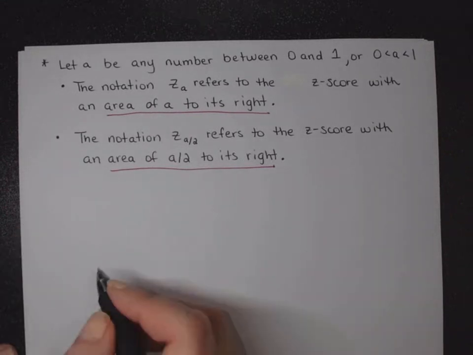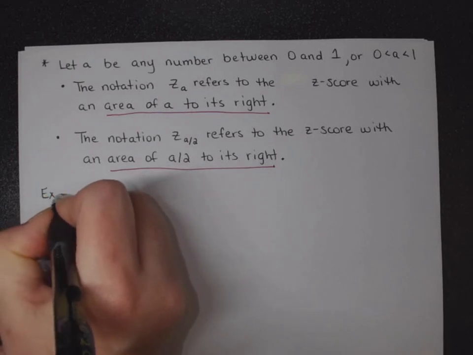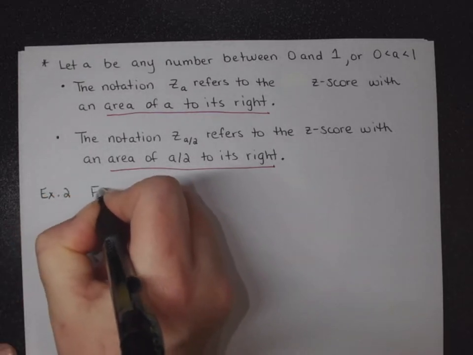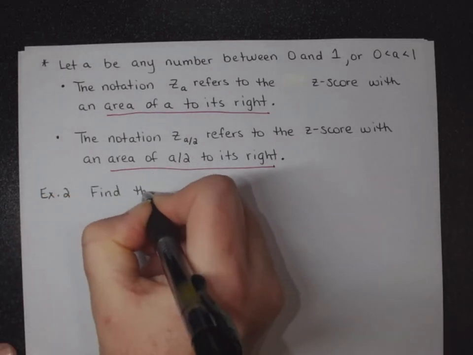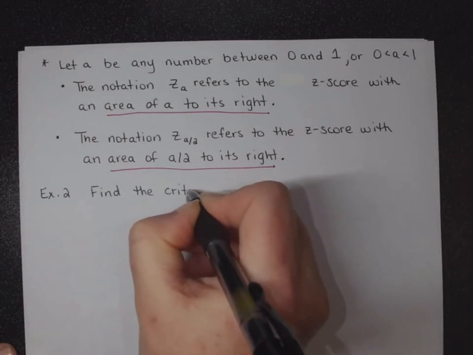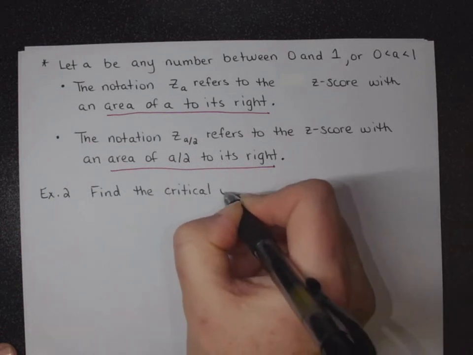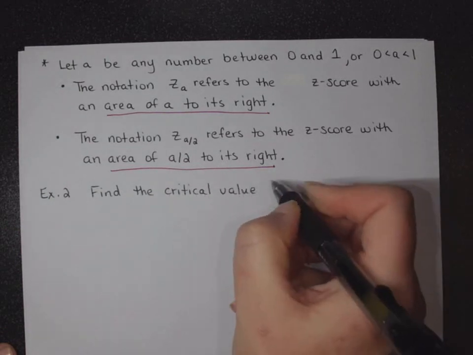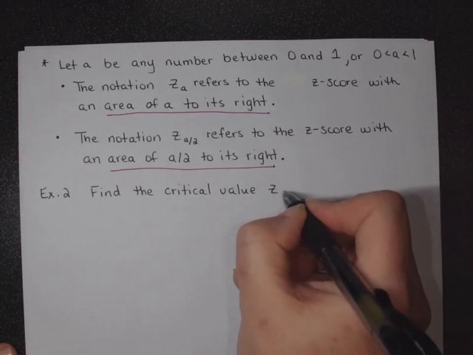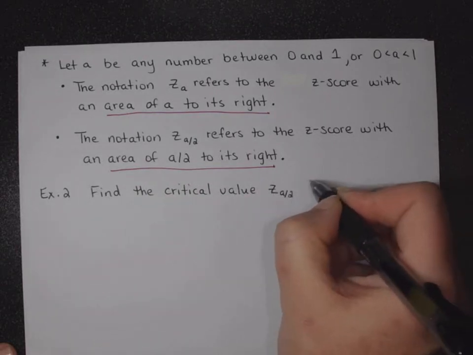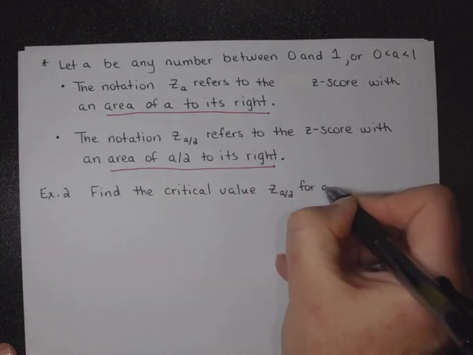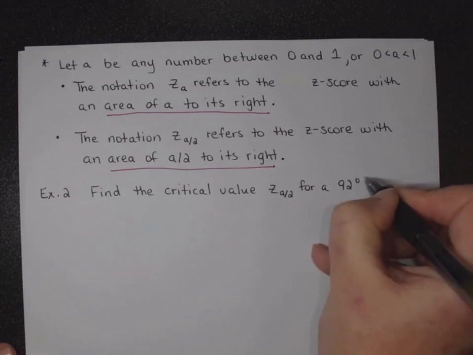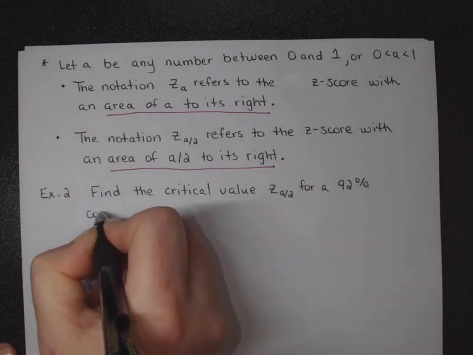All right, so let's look at an example. We're going to map out how to use this new notation. So what if I said to find the critical value Z sub A over 2 for a 92% confidence interval?